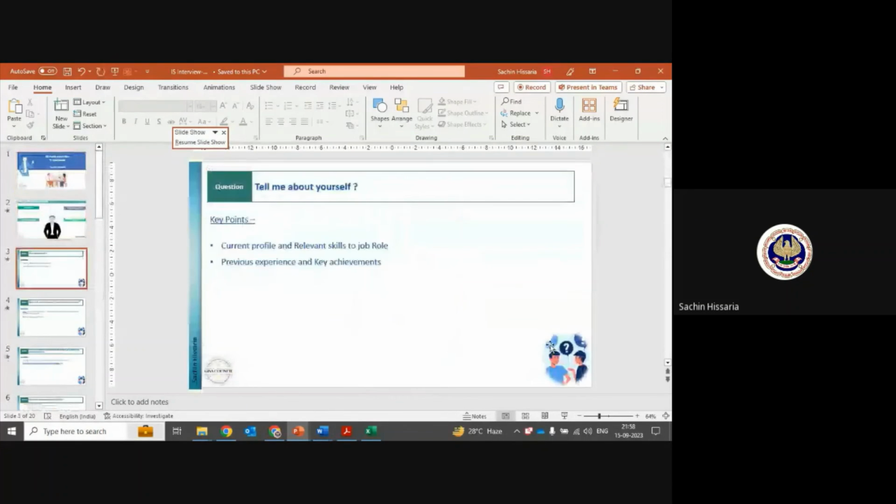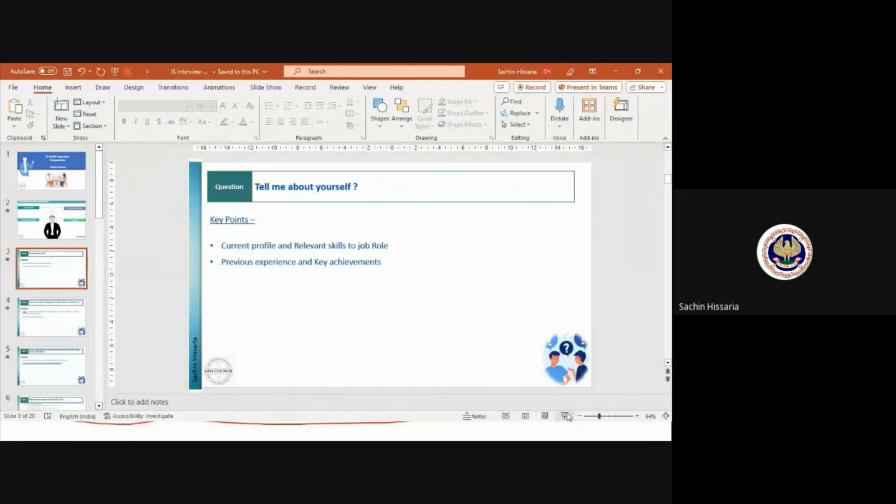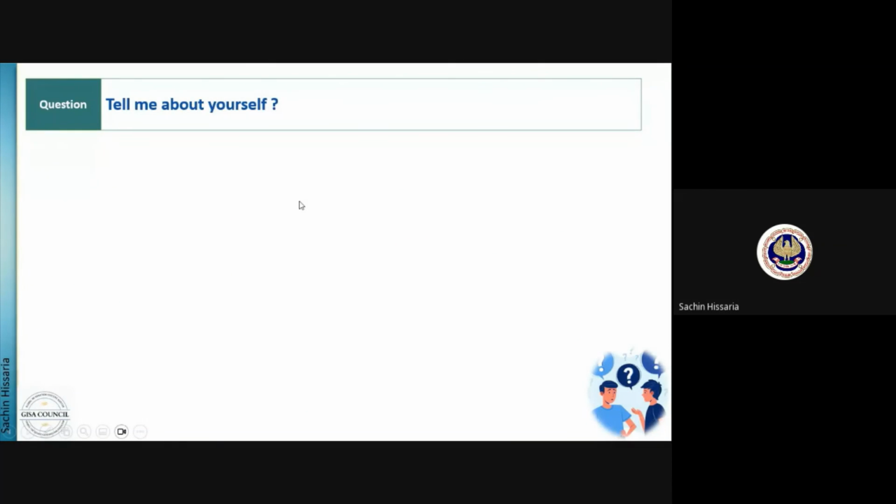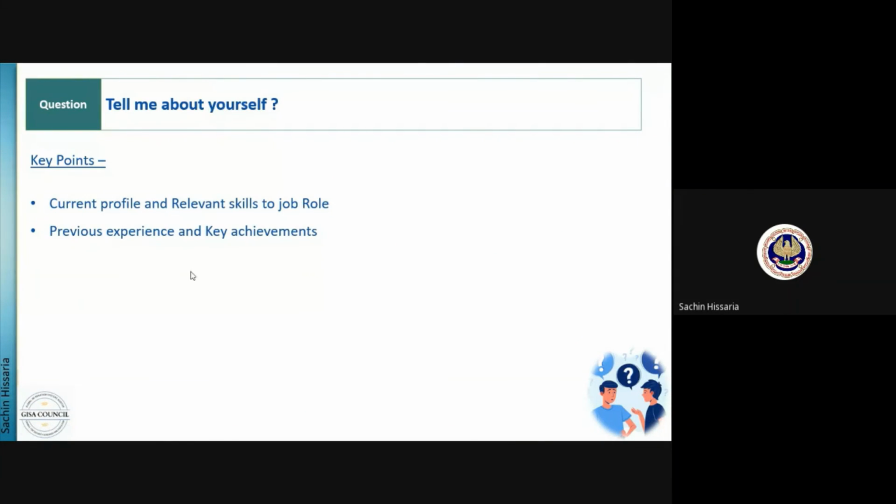Tell me about yourself. So, guys, as I told you, whenever you need to introduce yourself, your introduction should include at least these aspects. First, you need to talk about your current profile, what you are doing currently, and what relevant skills you have for this particular job role. What is your previous experience in IS audit?